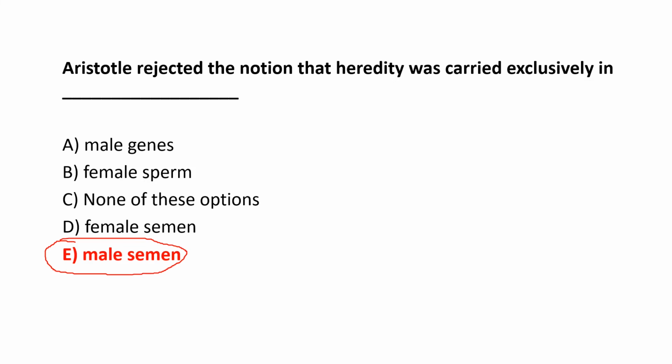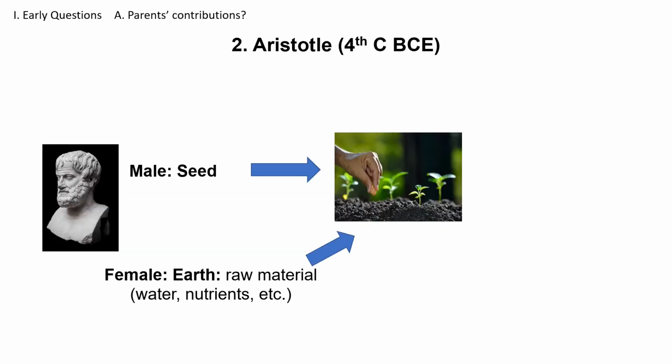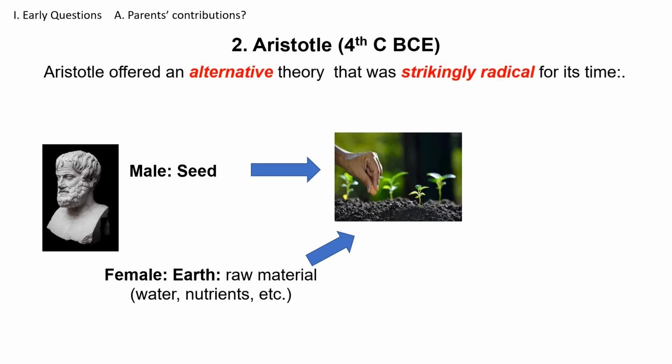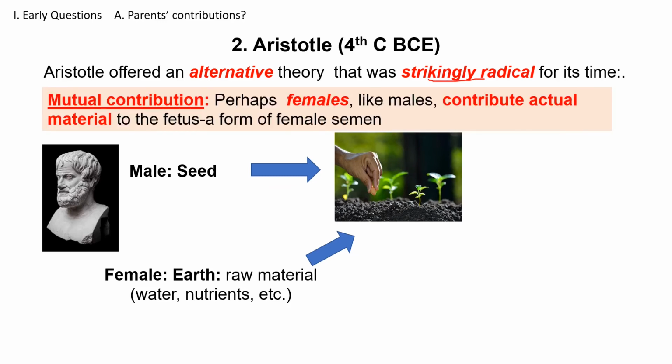Aristotle thought something different. So if you have any doubt, you can go to the video lecture. I just want to remind you that Aristotle had a very different opinion of how inheritance occurs. He had a strikingly radical opinion, and for him there was a mutual contribution between males and females. For him, this resembles the process of planting any seed.